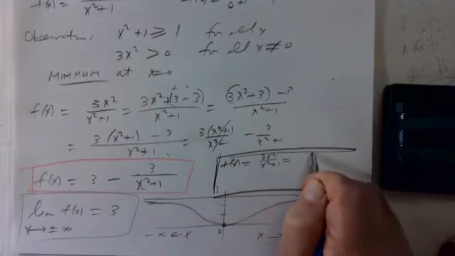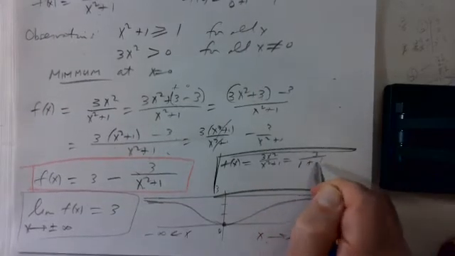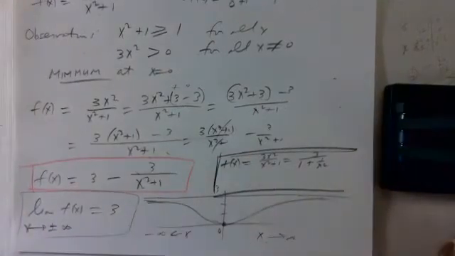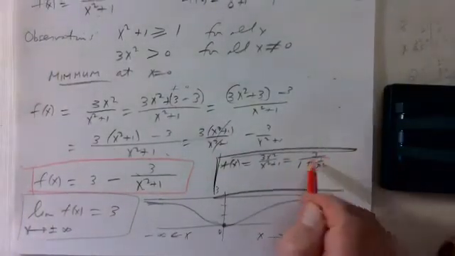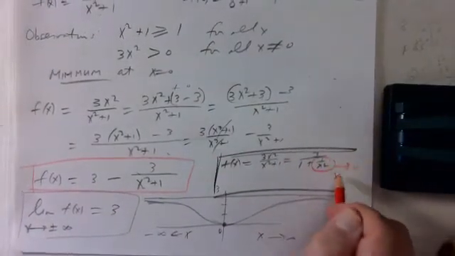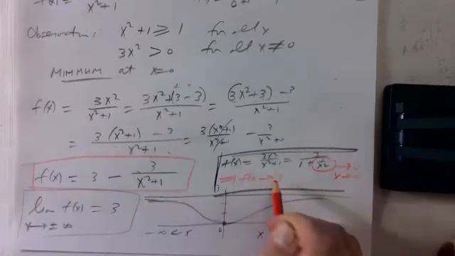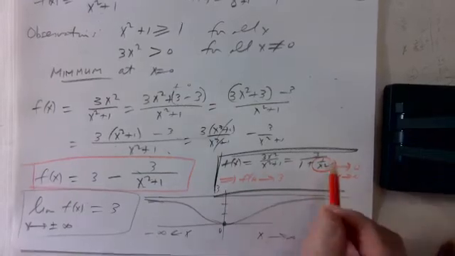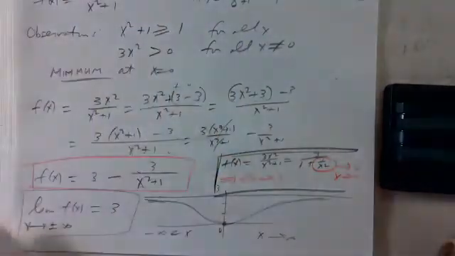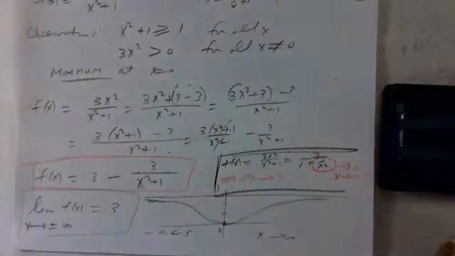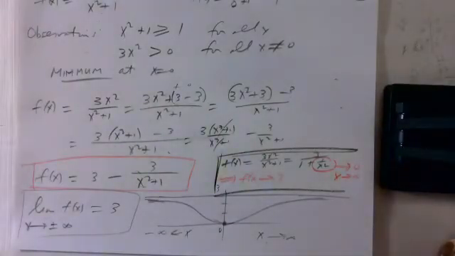If I divide by x squared, I get 3 over 1 plus 1 over x squared. And this goes to 0 as x goes to infinity, which implies that f of x goes to 3 as x goes to infinity. That would have been another way to do it. There's almost never just one way to solve a problem.